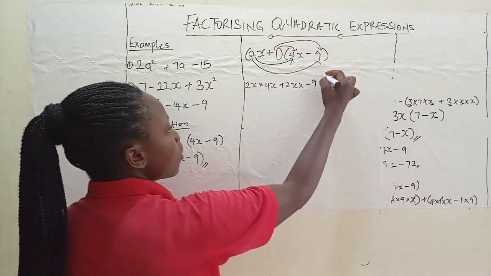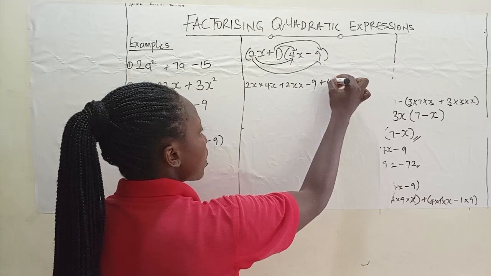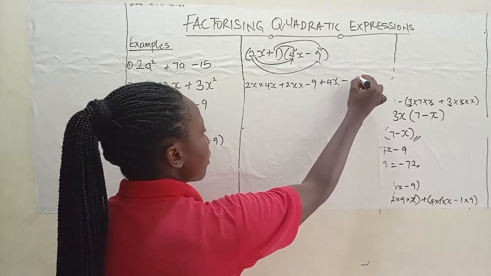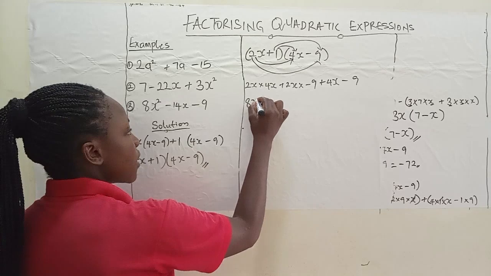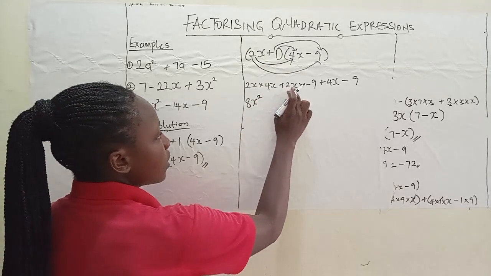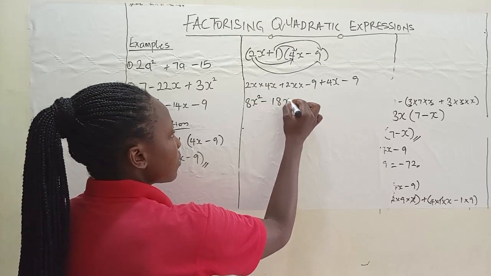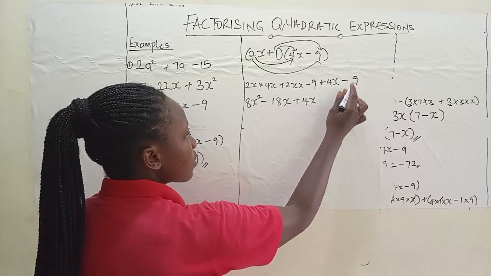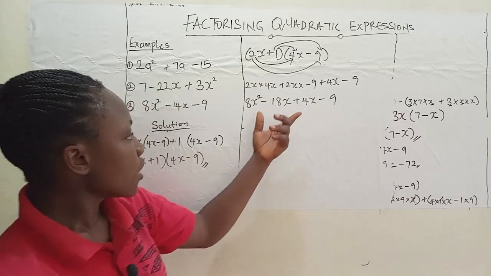So 1 times this, we're going to have plus 4x. 1 times this, we're going to have minus 9. So this times this is going to give us 8x squared. This times this, minus 18x, plus 4x, minus 9.